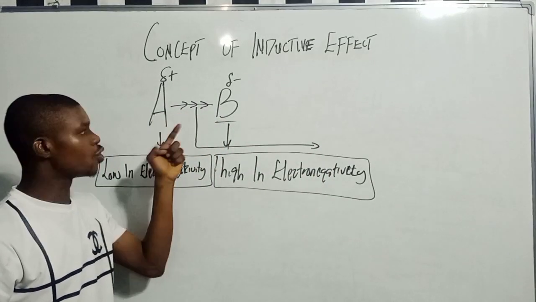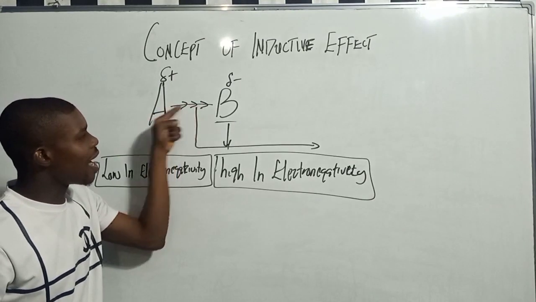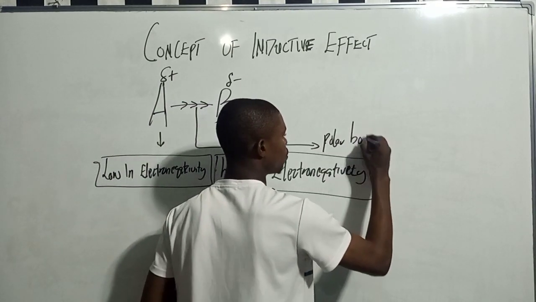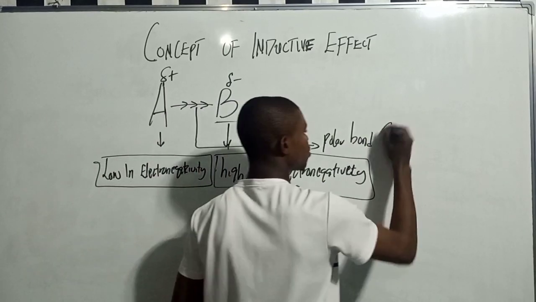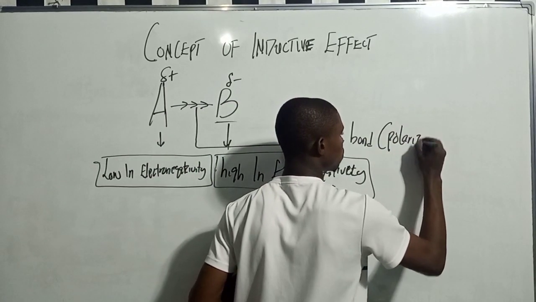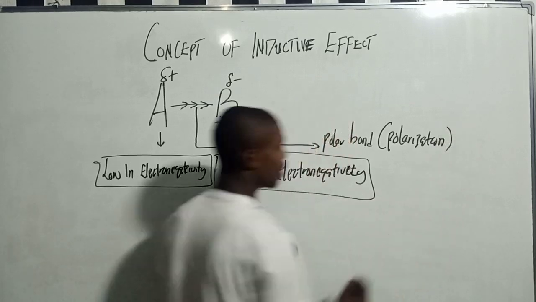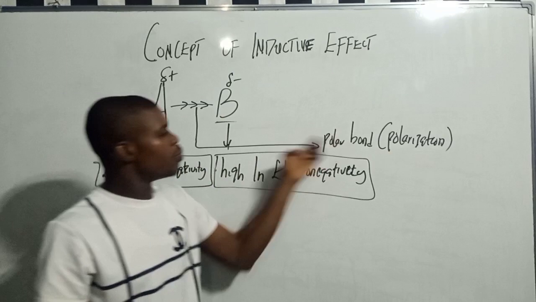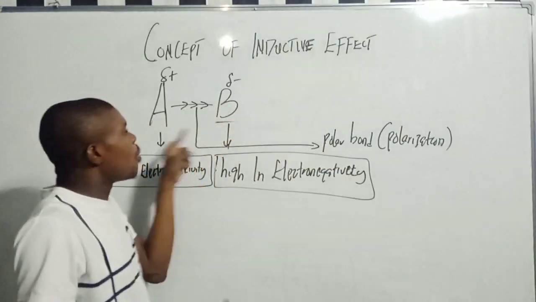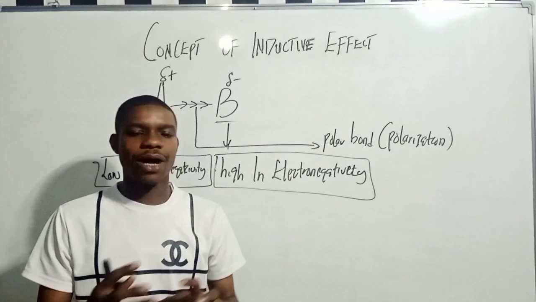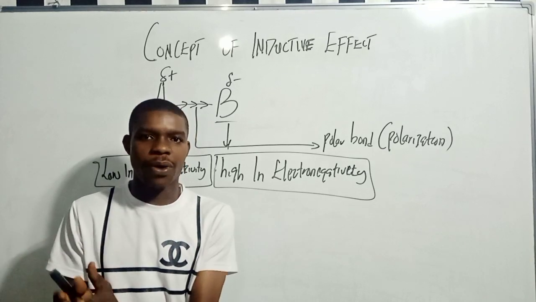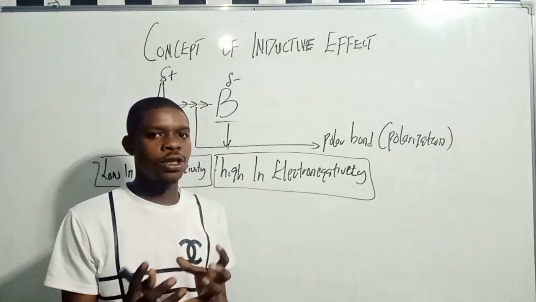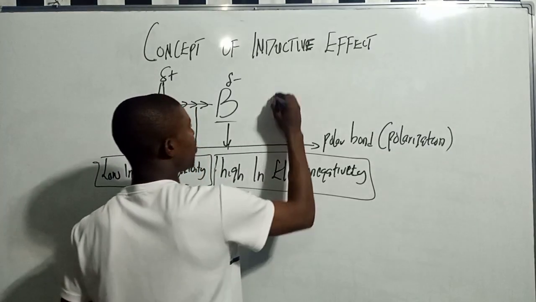So this bond is called a polar bond, and polarization has occurred. Do you get that? The covalent compound that contains atoms with different electronegative power is called a polar compound.